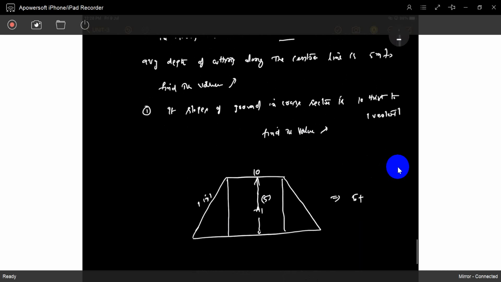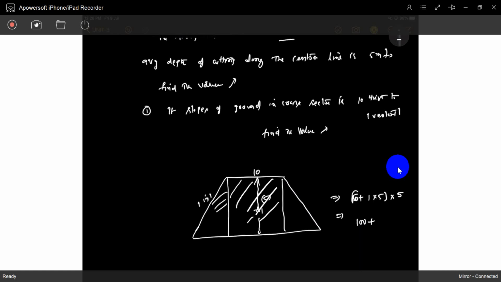So B is 10, N is 1, and the area is B plus NH, times H. Otherwise, 10 into 10 is 100, so what is that, rectangular.